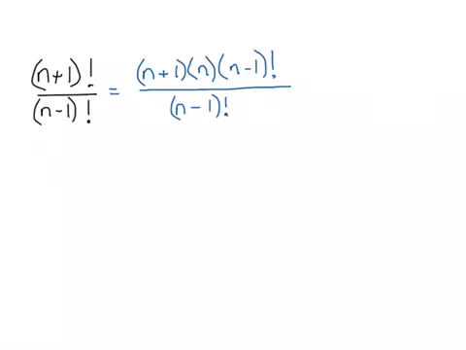Here I have an n minus 1 that would cancel, an n minus 2 that would cancel, an n minus 3 that would cancel. Everything would cancel all the way down till that 4 and that 3 and that 2 and that 1. So these n minus 1 factorials can actually cancel since they represent a bunch of multiplication. And that leaves us with a simplified result of n plus 1, or n squared plus n, depending on whether you want it in factored or unfactored form. This is just a quick little help on factorial.